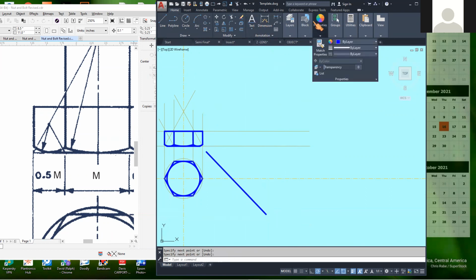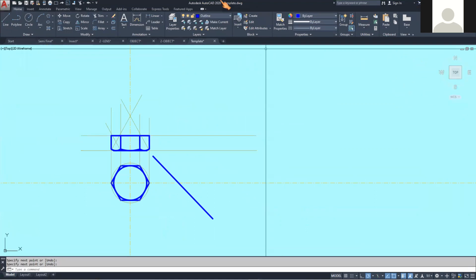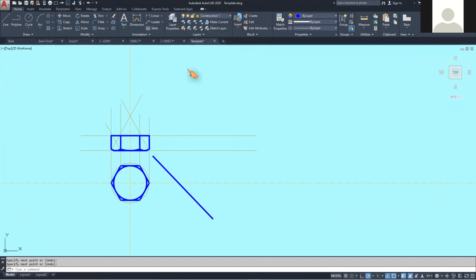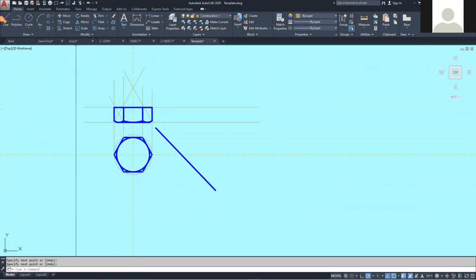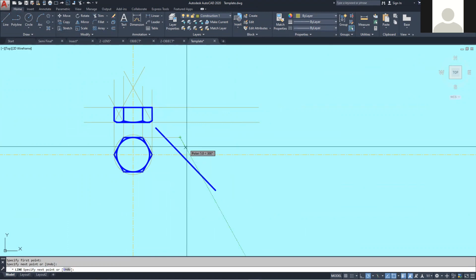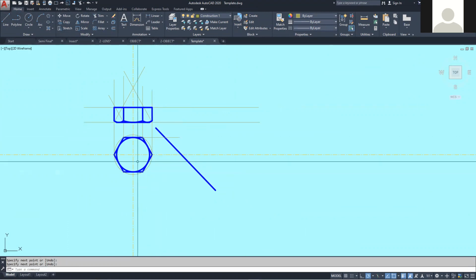Let me get some construction. I remember my whole screen, yes, this thing keeping me back. Some construction lines, you draw in from here, from here.